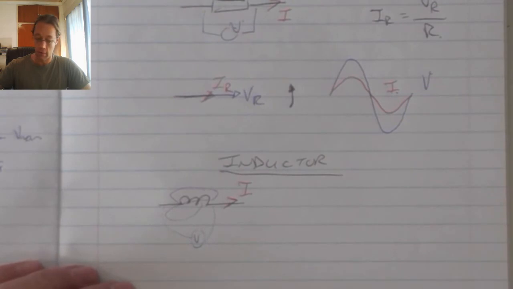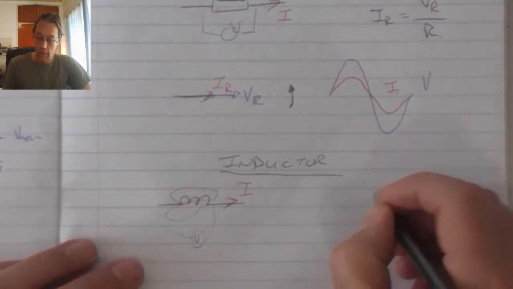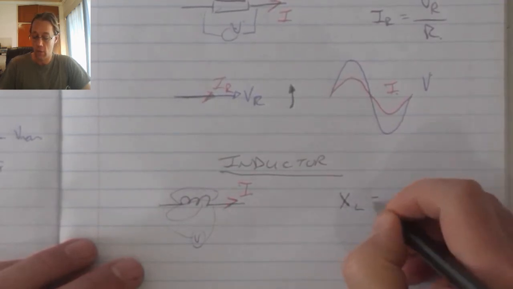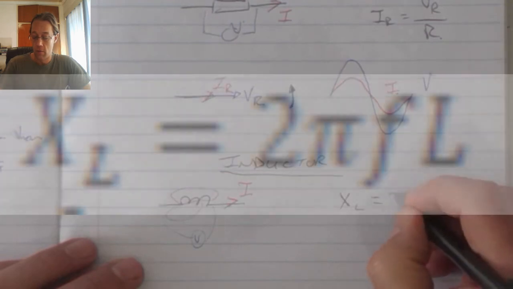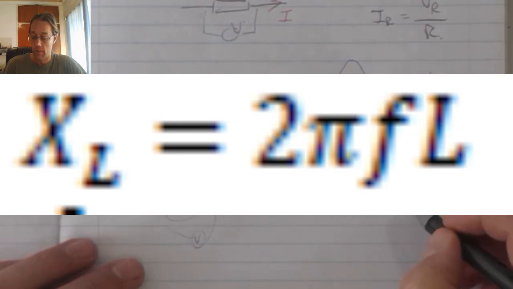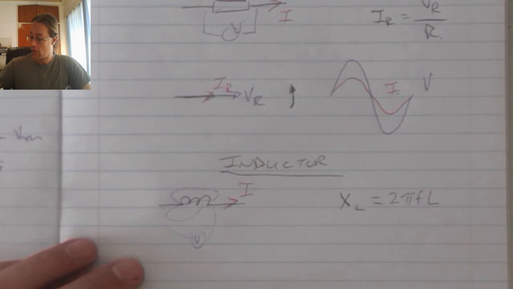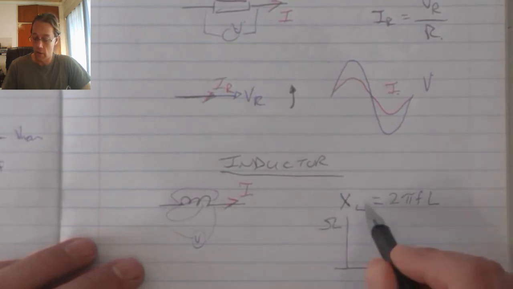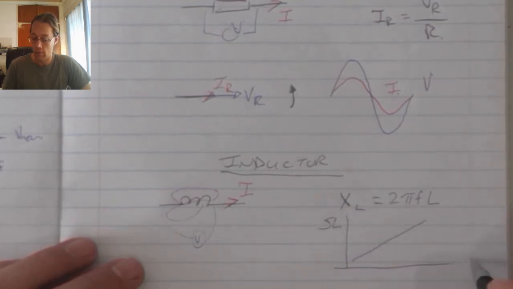When looking at the effect of the frequency, the inductive reactance is equal to 2 pi f, which is the angular velocity, times the inductance. The result is, at a range of frequencies, my reactance, which is measured in ohms, will increase as my frequency increases.